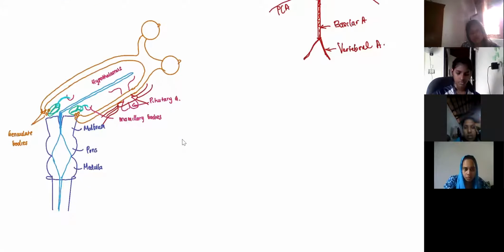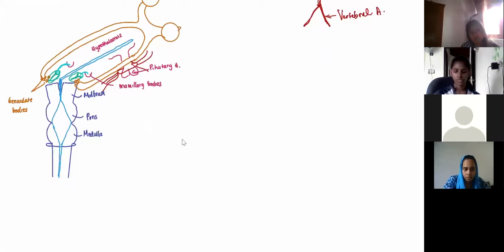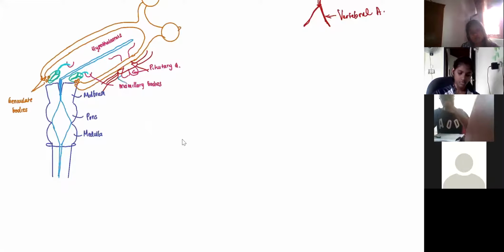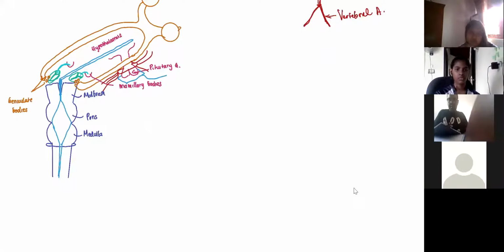Now, it comes to a part of our cranial bone, the most bottom part of that area. Can someone name this? If you can, I will be really impressed. Can someone name the part it descends down to? Sella turcica. Yes, sella turcica.